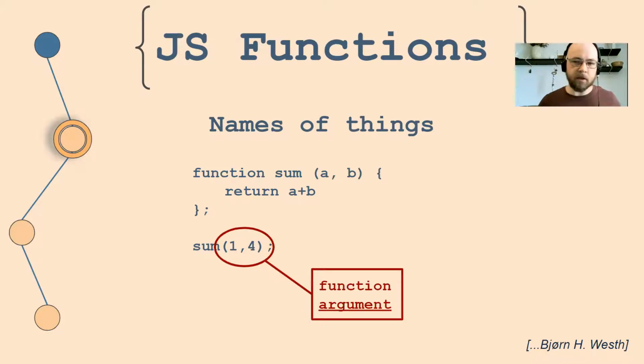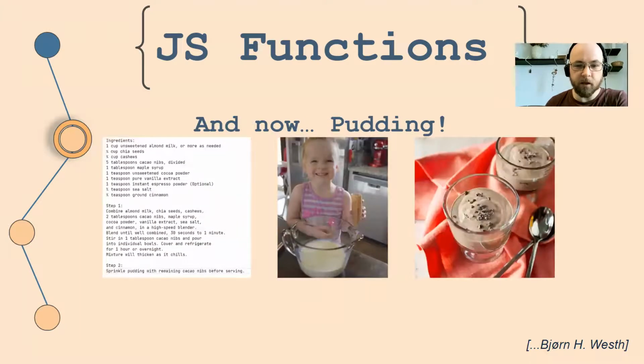A and B is sort of like the recipe for what you need to complete the function, and then the 1 and 4 is the values you plug in. Mm-hmm. As an argument. Yeah, that's true. So it's abstract and concrete. Cool. That's the correct answer.